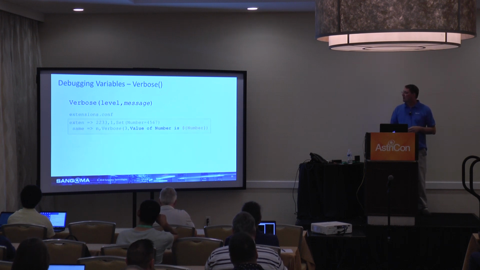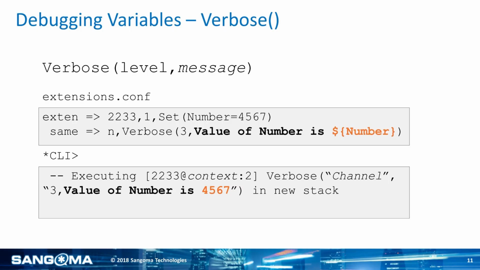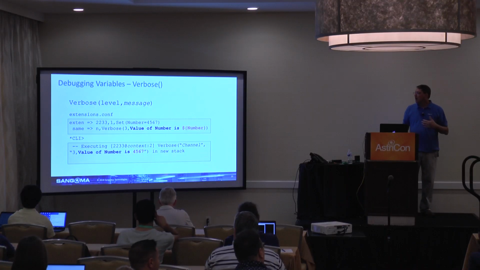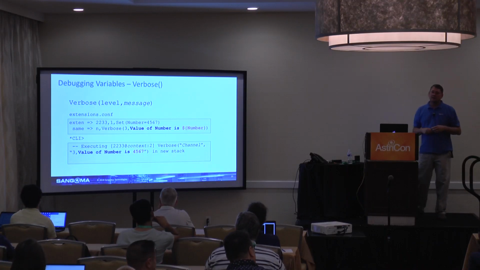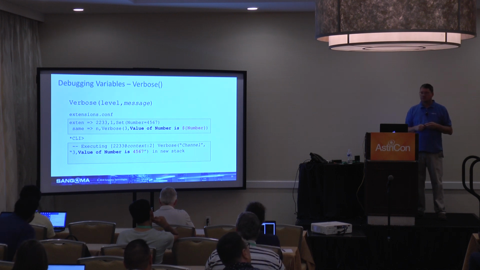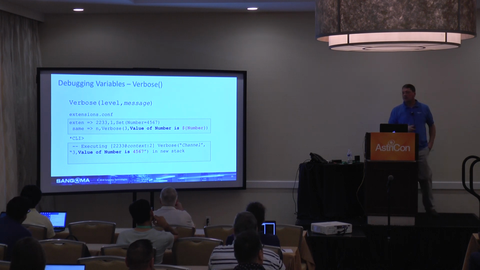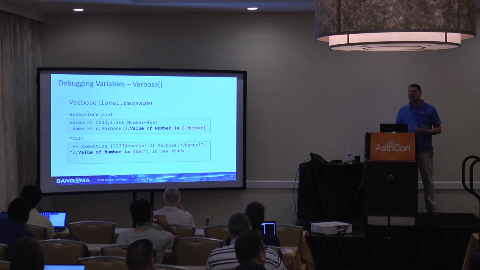So we can say verbose 3, the value of number is whatever the number is, and that'll print out the same thing that the no-op did, assuming our CLI is at a certain verbosity level. So if the verbosity level is below 3, it's not going to print it out. If it's 3 or above, it will print out that message. So that's a good way to get rid of all the noise in the command line interface, and you can turn up the verbosity if you're trying to debug something.